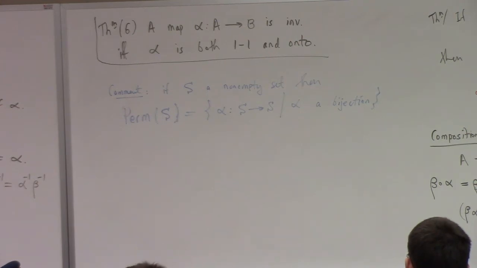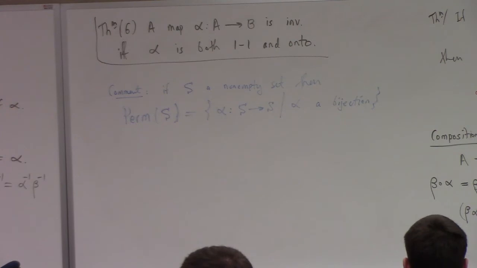Like shuffling a deck of cards, a permutation of the cards. If you take the theorems that I've stated here, what they say is that in this set of permutations there's an identity, 1_S. Everything in here, every bijection, has an inverse. If alpha is in the permutations, then alpha inverse is in the permutations.